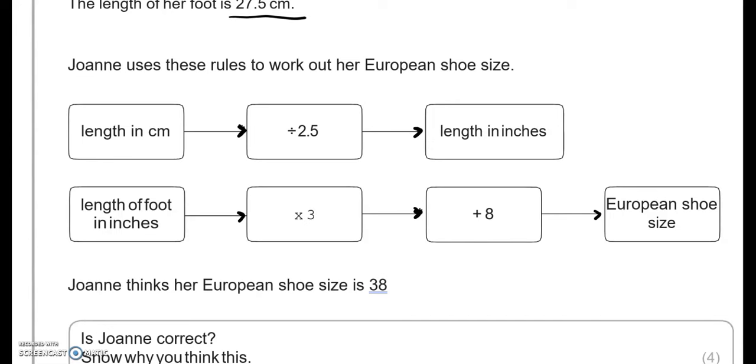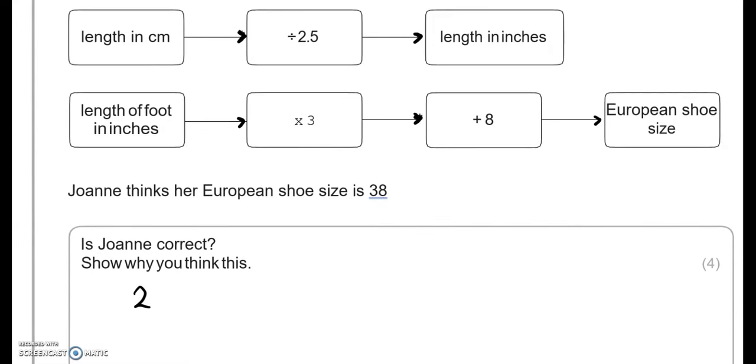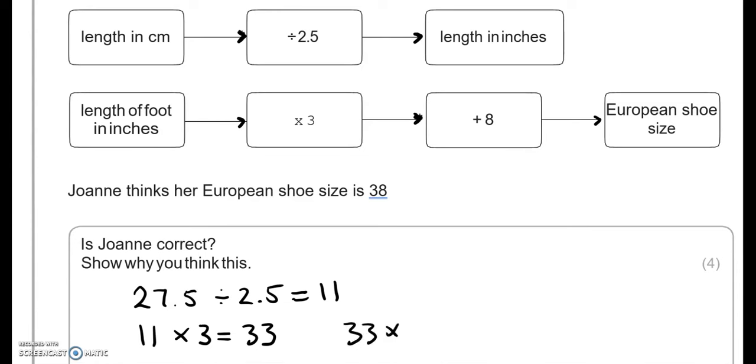So we're going to start with 27.5 centimeters. And then we're going to divide it by 2.5, which gives us 11. Now 11 times 3 gives us 33. 33, add 8 gives us 41.